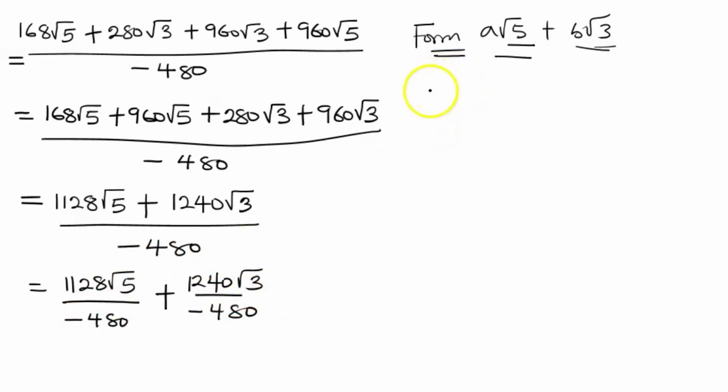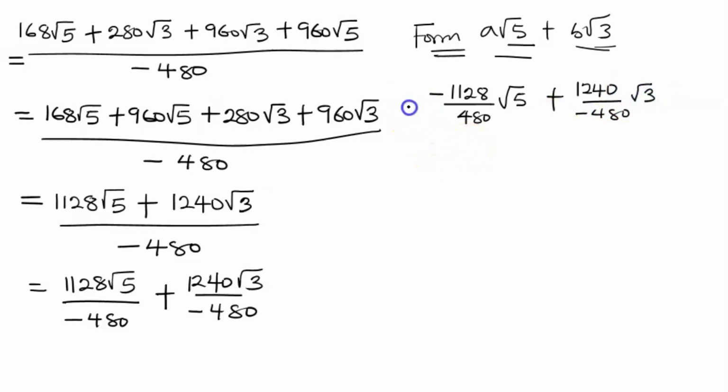All right, so in this case we are having minus 1128 divided by 480 root 5, then plus 1240 divided by, now this is negative 480, so that sign in between is going to change, root 3.